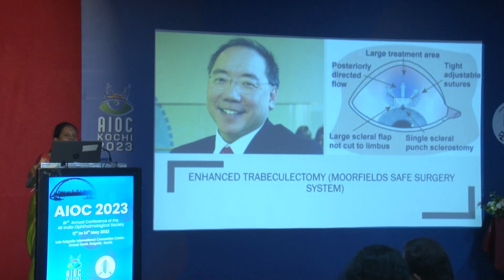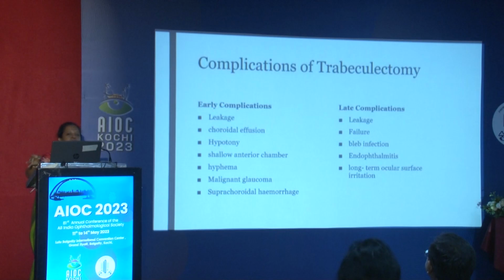So his concept was to have a large treatment area with mitomycin, and here the scleral flap also didn't reach up to the limbus, it stopped just 1 millimeter short of the limbus, with a single scleral punch sclerostomy. So the idea was to have a posteriorly directed flow. So this is the technique that most of us follow.